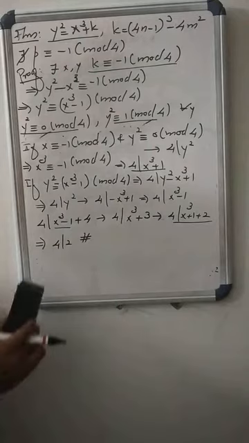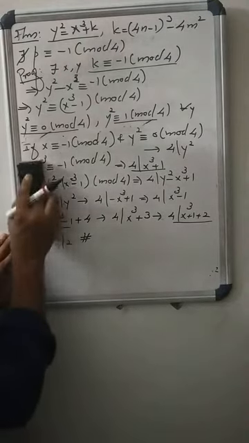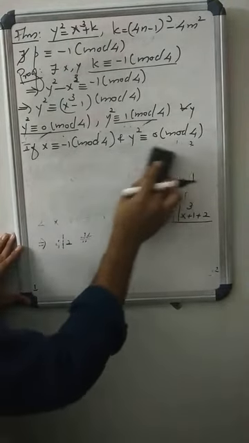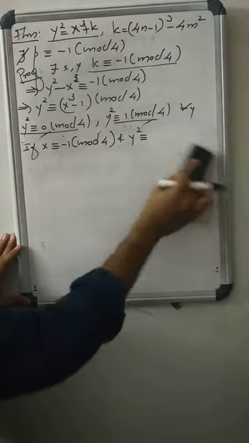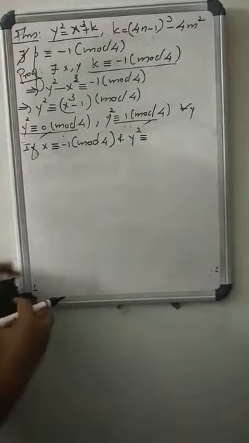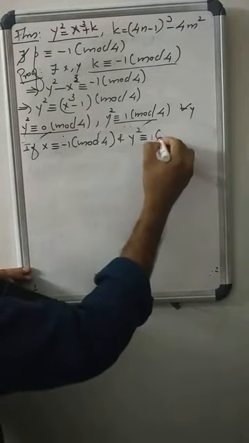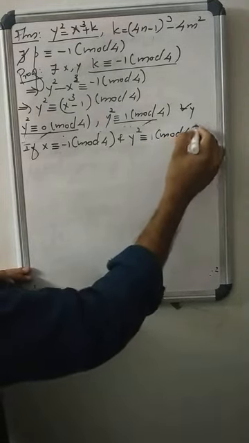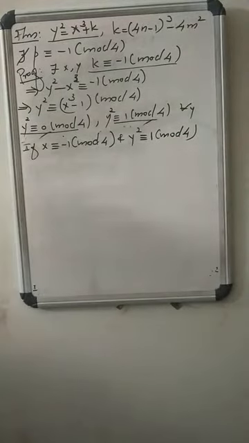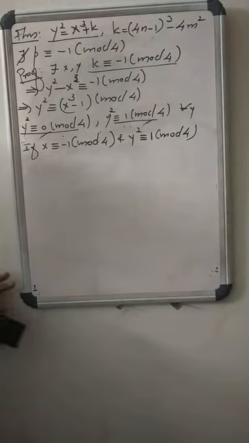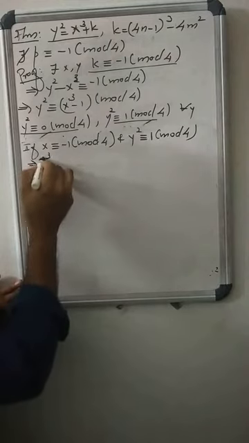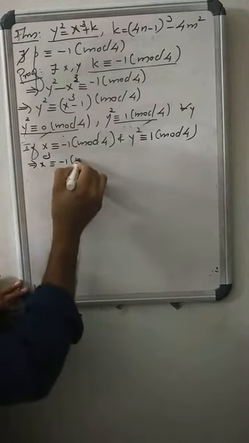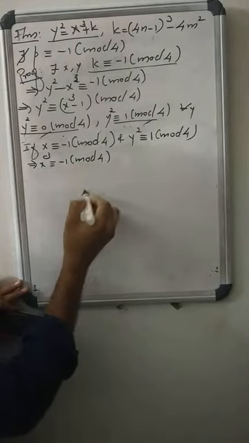One case also remains, which is that x ≡ -1 mod 4 and y² ≡ 1 mod 4. What happens here? x ≡ -1 mod 4 means x³ also ≡ -1 mod 4.